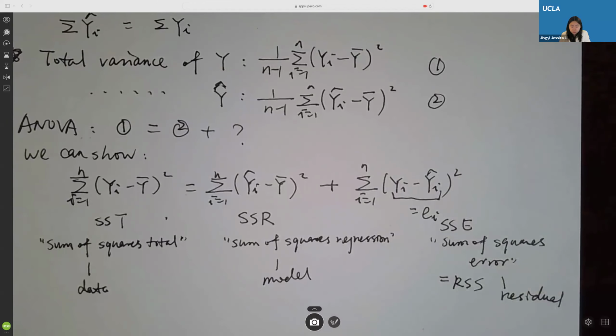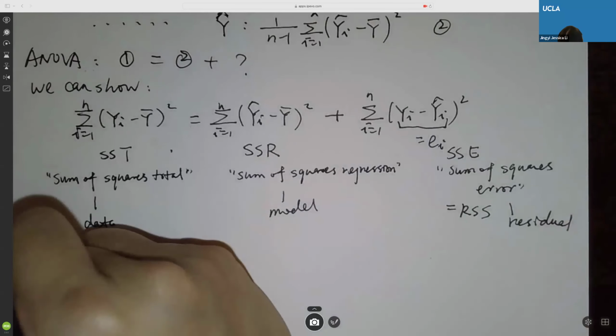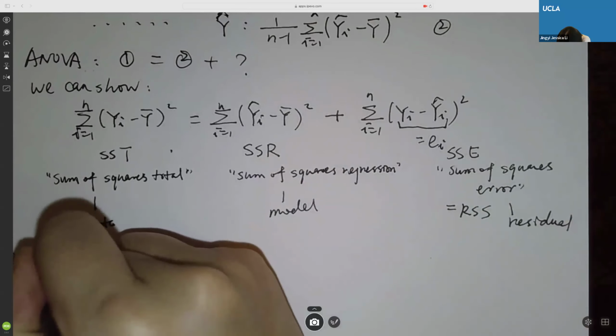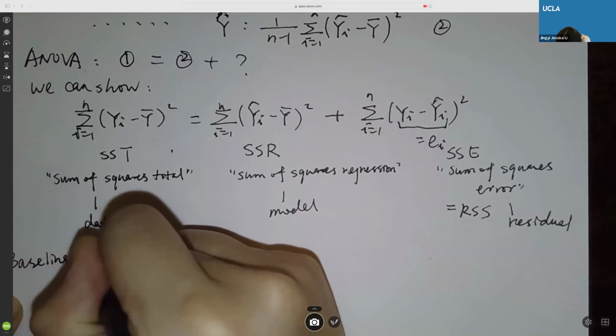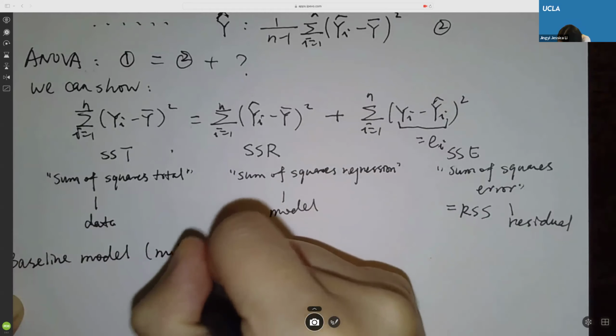So when we have the ANOVA, another thing we can think about is what if we have no predictors at all? That's what we call the baseline model, or you can call it the null model.